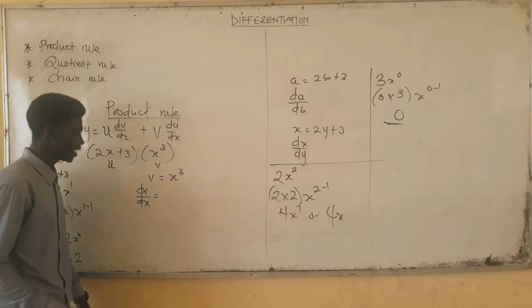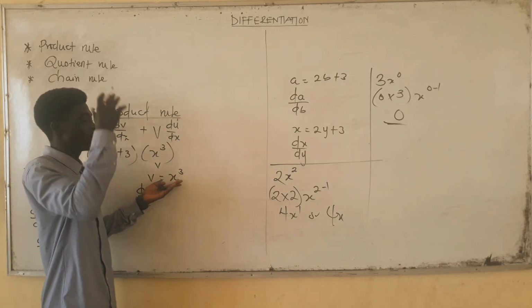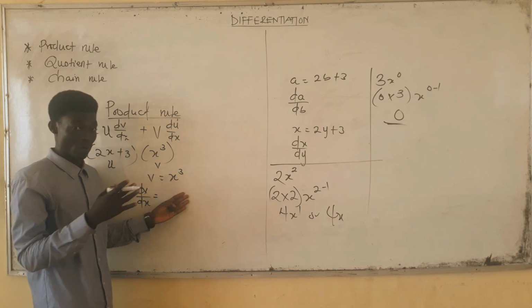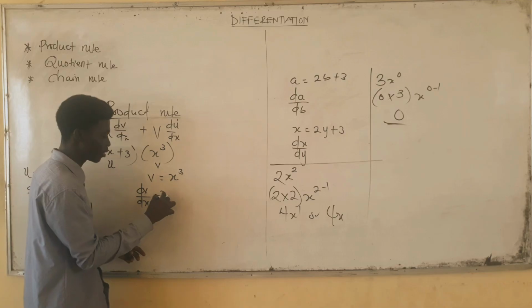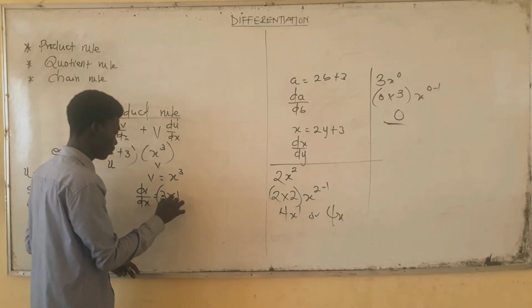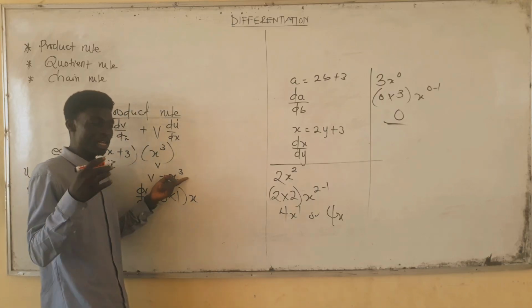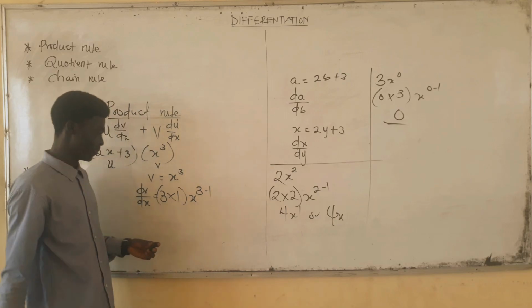And with this, as I did here, x is raised to the power 3. So if you want to differentiate this, the coefficient of x is 1, right? So 3 will multiply the 1 here, so we say 3 times 1. And x, we will subtract 1 from the exponent, which will be 3 minus 1.